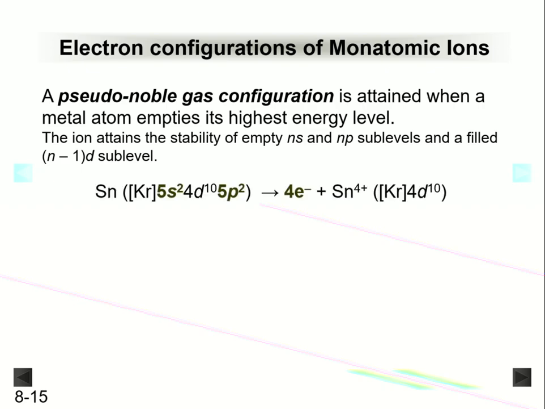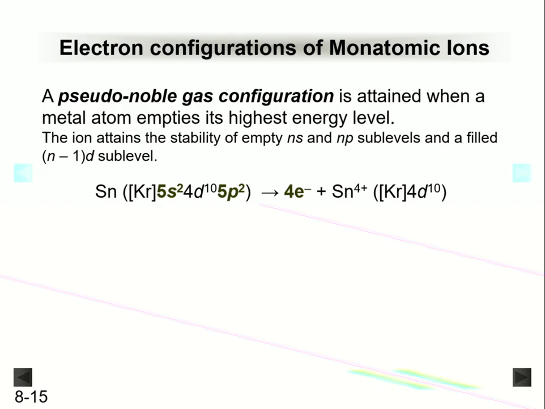So, the electron configurations for monatomic ions. A pseudo-noble gas configuration is attained when a metal atom empties its highest energy level. So let's take as an example tin, Sn. The element tin has the electron configuration krypton 5s2, 5p2.